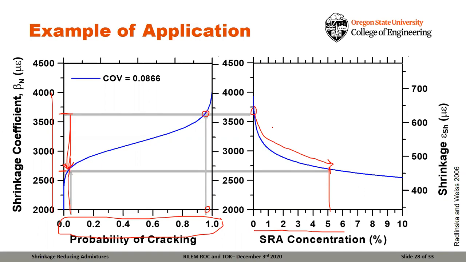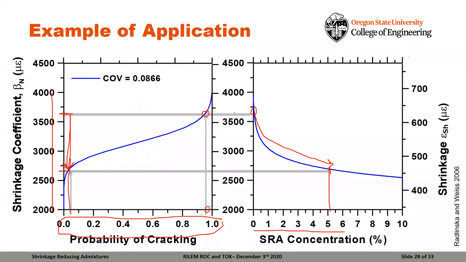One is we can now really relate the shrinkage to the surface tension and to a reduction in shrinkage. The second thing, which is also very important, is that the reduction in shrinkage is not linearly related to the reduction in cracking.